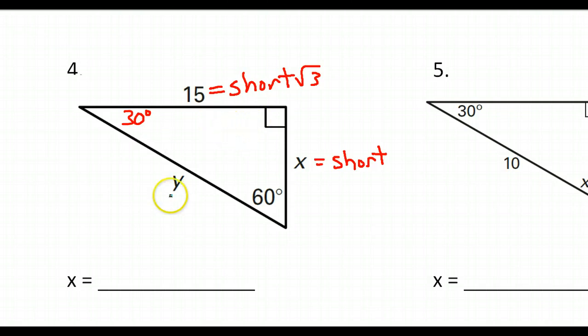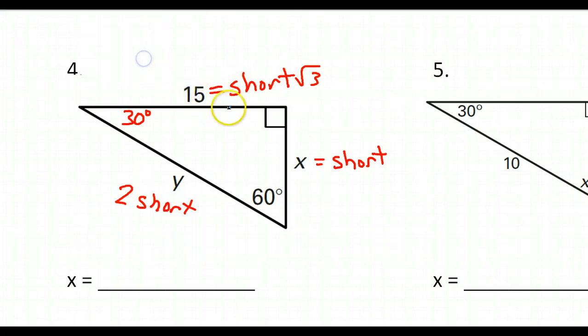And of course the hypotenuse is going to be 2 short, that's 2 times the short leg. The 15 is the only number that we have, so your eyes should focus on the 15.